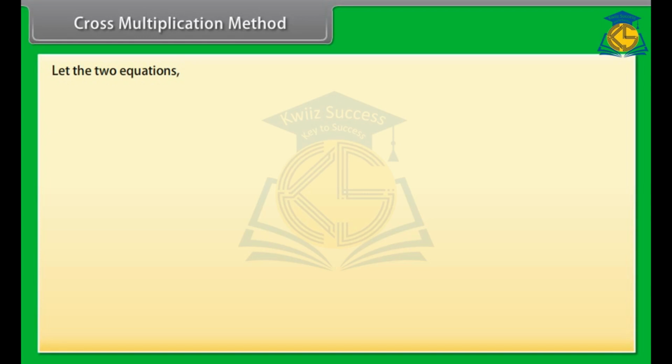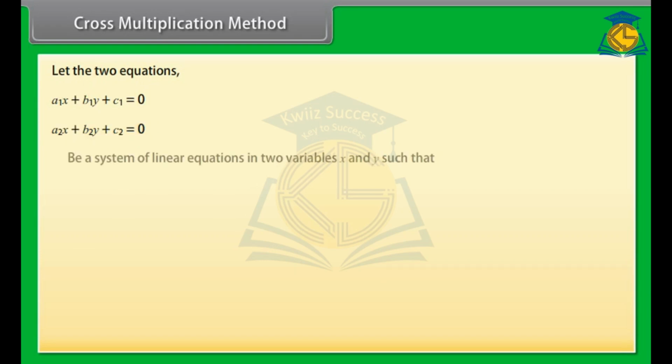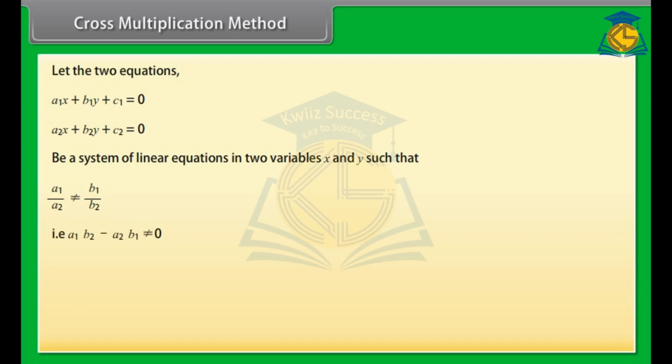Cross multiplication method. Let the 2 equations a1x plus b1y plus c1 is equal to 0 and a2x plus b2y plus c2 is equal to 0 be a system of linear equations in 2 variables x and y such that a1 upon a2 is not equal to b1 upon b2. That is, a1 b2 minus a2 b1 is not equal to 0.